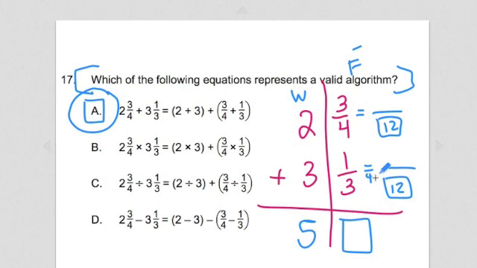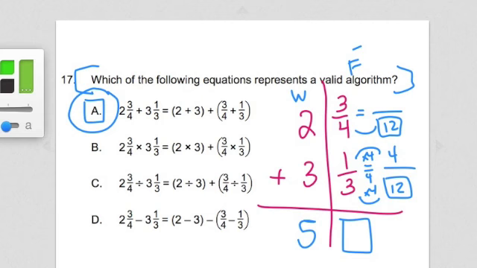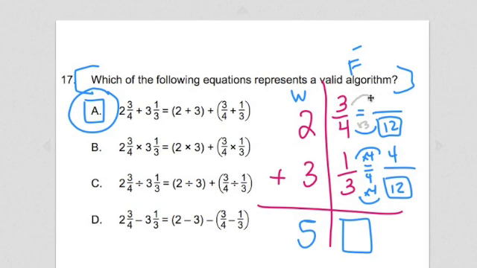So I do 1 times 4 gets 4. That's my bridge, really. 3 times 4 is 12, 1 times 4 is 4. What's the bridge for the other one? 4 times 3 is 12, so I do the same thing to the top: 3 times 3 is 9.